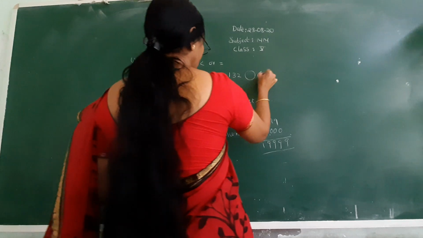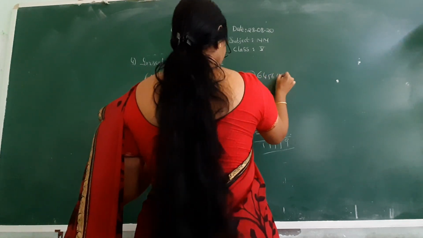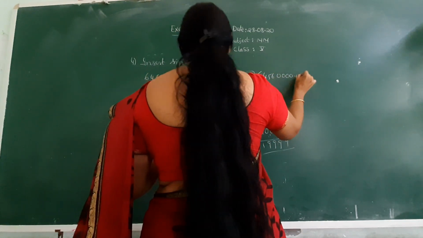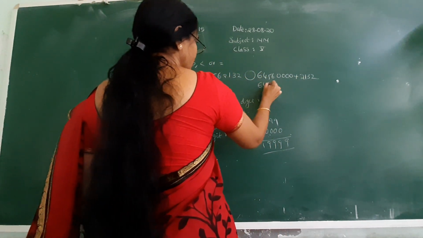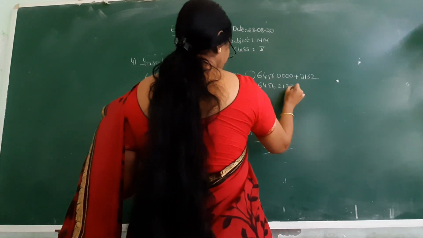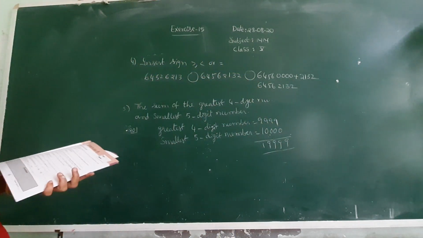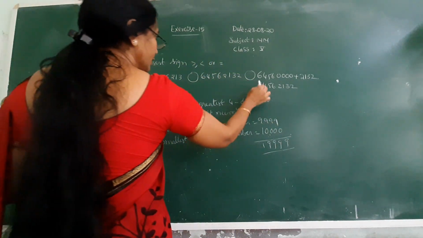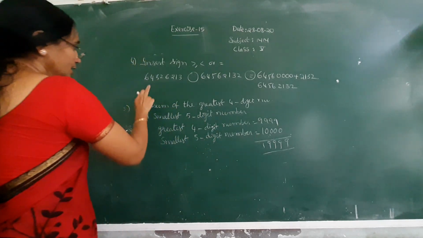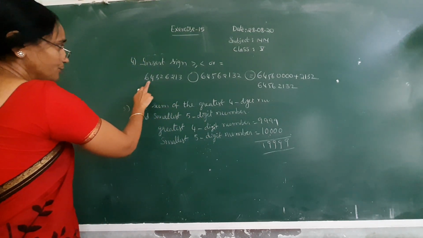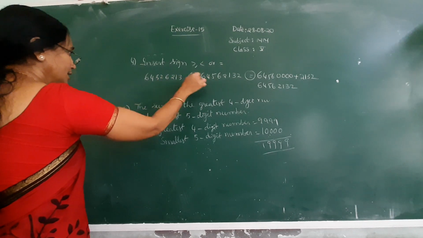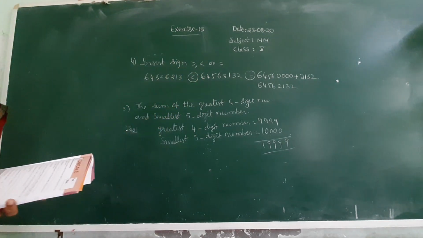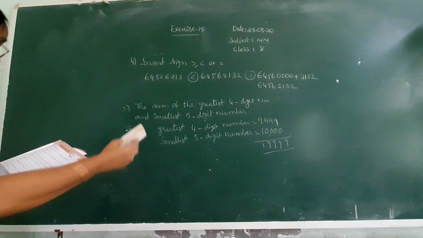Okay, now 6456 followed by 4 zeros plus 2132. You have to add these two now. 6456 2132. See, observe, these two are same. Okay, na? And observe, this is 6452. So it is smaller than this one. You have to keep less than. Okay, go for the next problem.